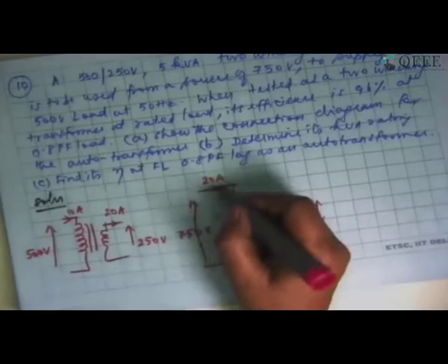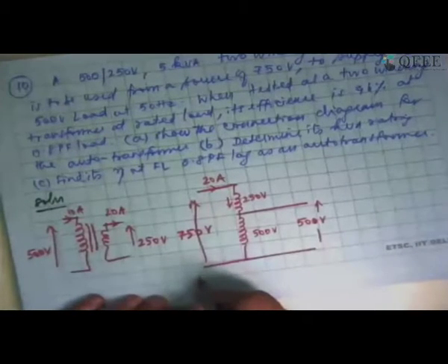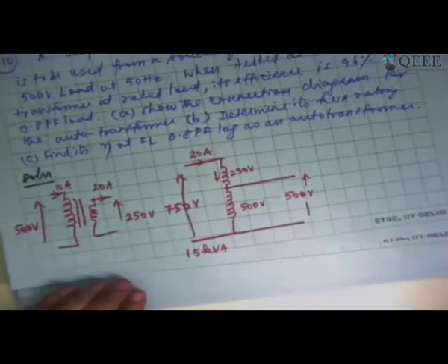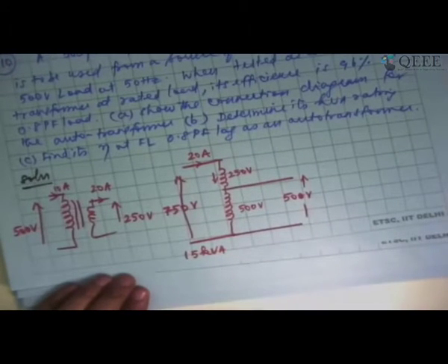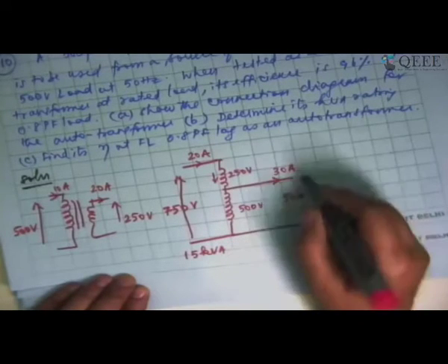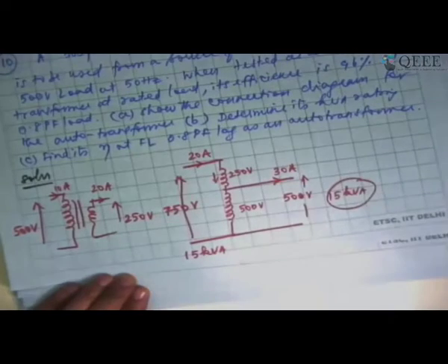Now 750 multiplied by 20 is 15 kVA. That is the maximum rating of the auto transformer. So obviously this has to be 30 ampere, only then I will have 15 kVA on this side also.